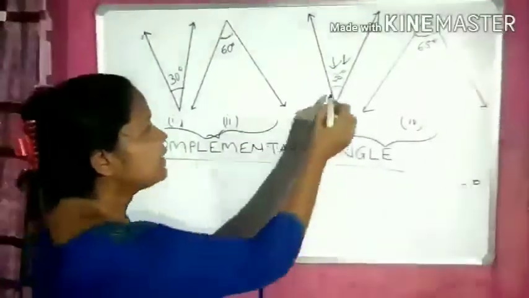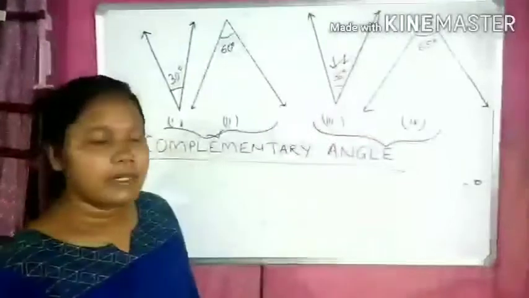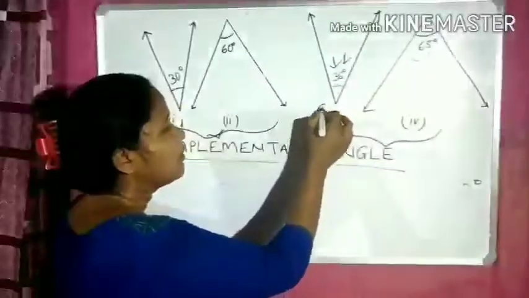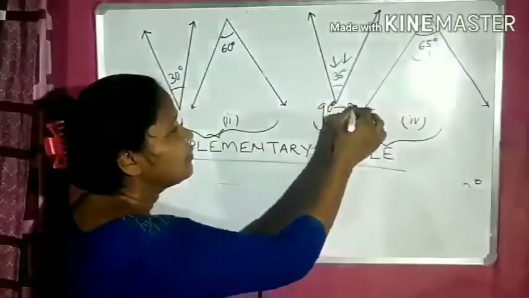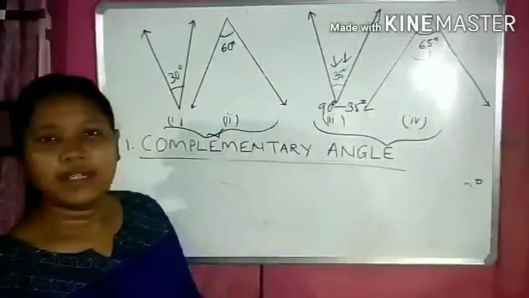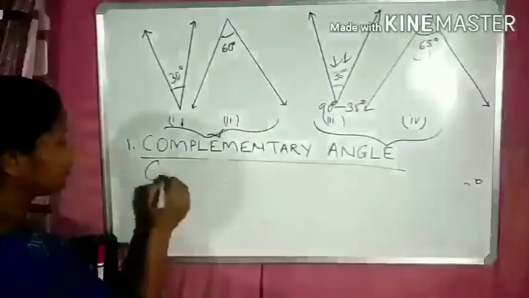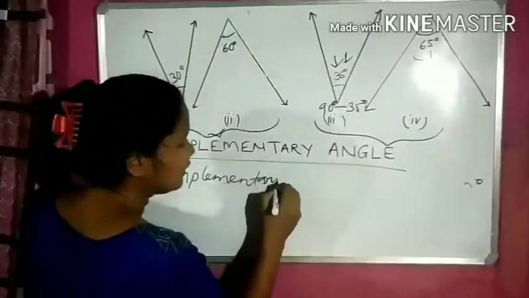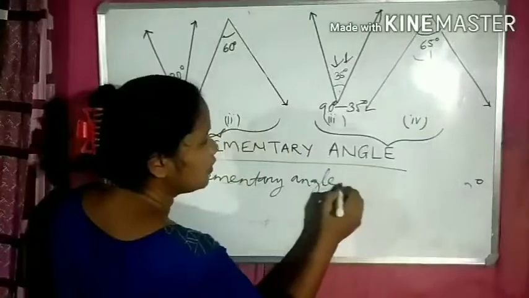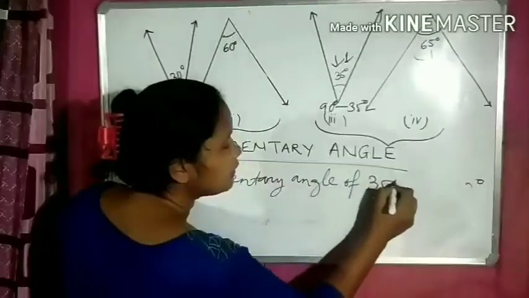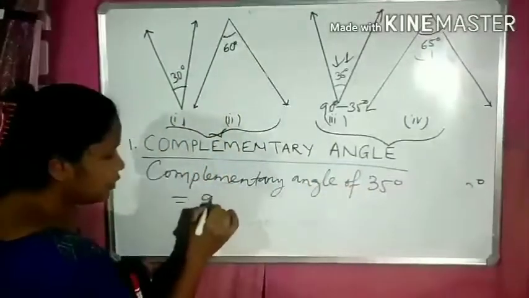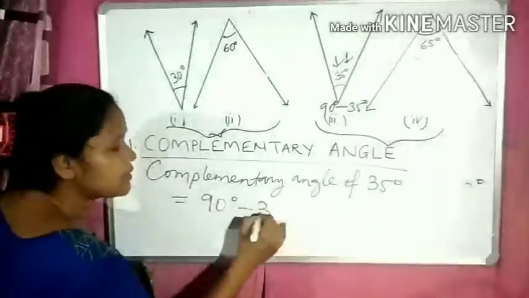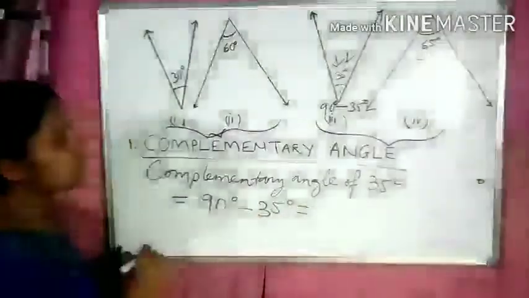So if one angle is given, the other angle we can find by subtracting from 90. The complementary angle of 35 degrees equals 90 degrees minus 35 degrees. What are we finding?